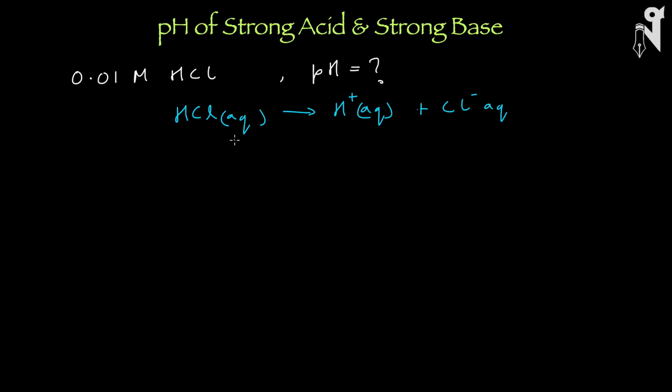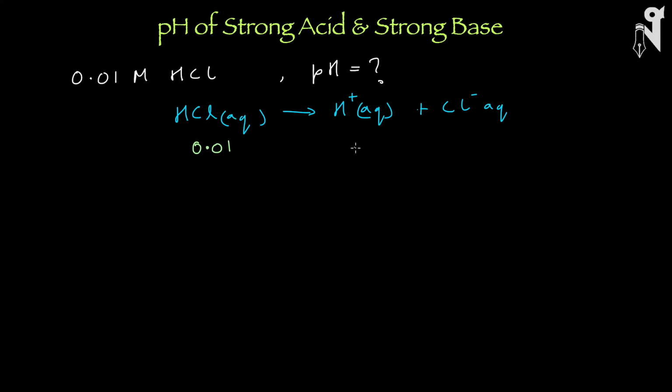list shared earlier. Now to do it systematically, what we have to write below the reaction is what was initially given. Initially it is said that it is 0.01 molar HCl, and we know that actually we won't have any HCl molecule.